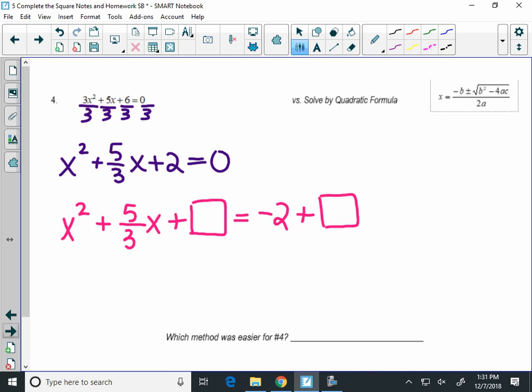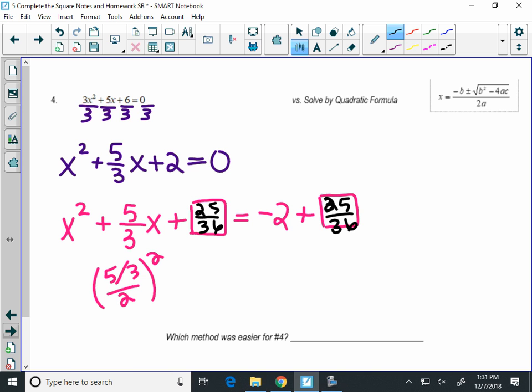And in order to fill in that box, you're going to have to take 5 over 3 divided by 2 and square it. Does anyone want to do that for me? It is going to be 25 over 36. But do you really want to deal with the fractions, adding 25 over 36 to both sides? No, I don't either. Let's figure out why that happened.